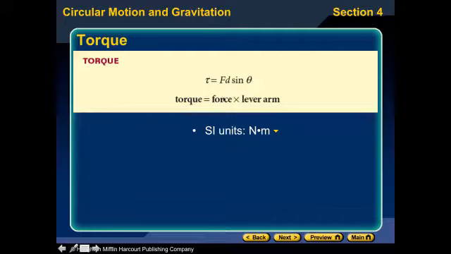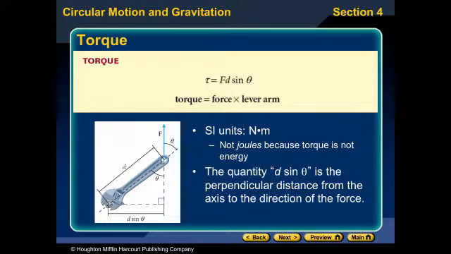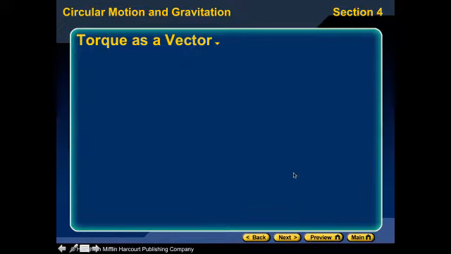So we just have torque is equal to force times the lever arm. Torque is not joules because it's not an energy. The quantity d sine theta is the perpendicular distance from the axis to the line of the force. Here they're showing that if you extended your force and your axis of rotation, this is your d sine theta.